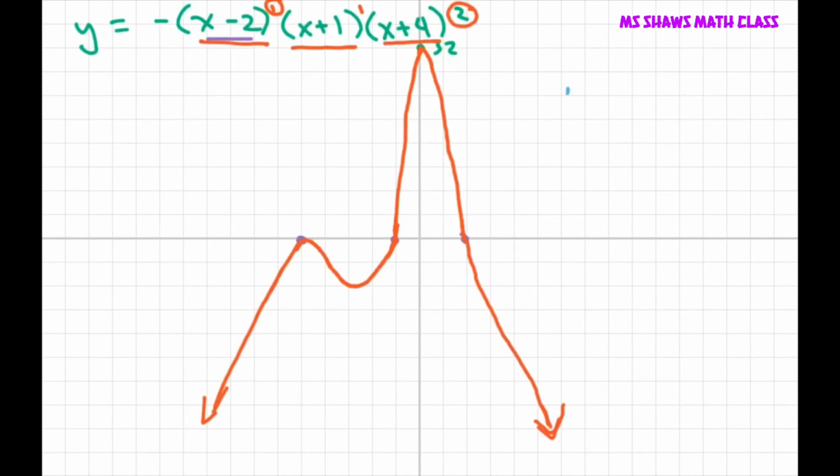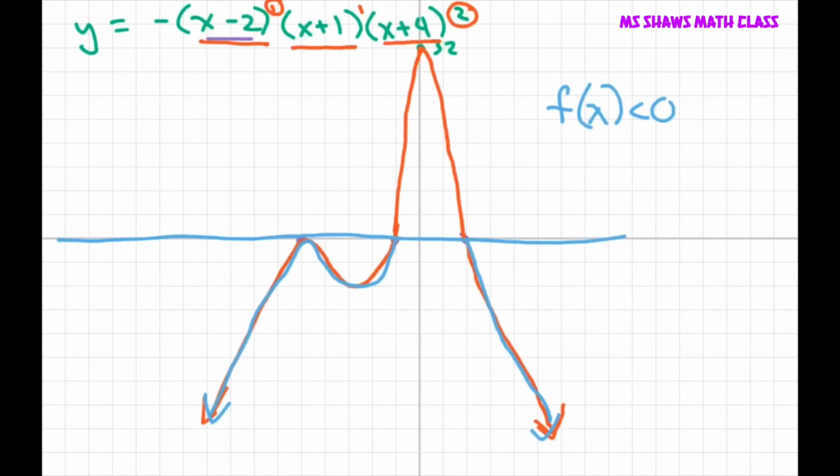Now let's determine where our y is negative. Our y is negative right here, this portion of the graph, and this portion of the graph. So where is our y negative?